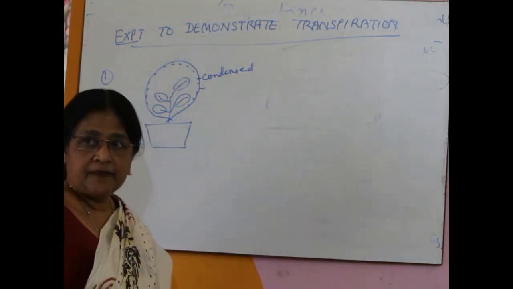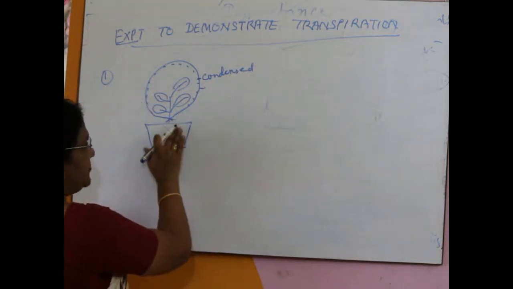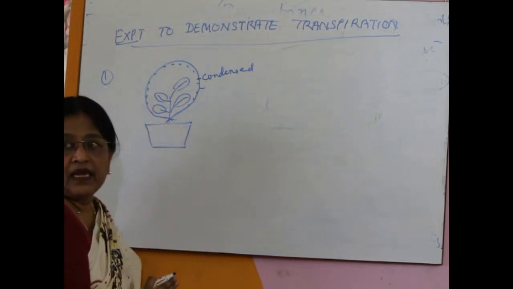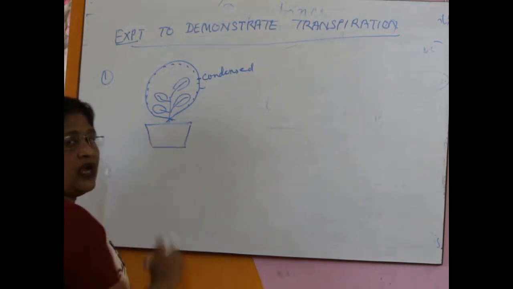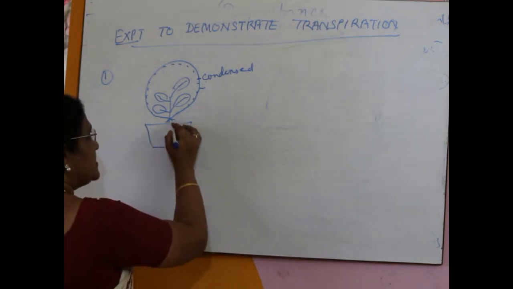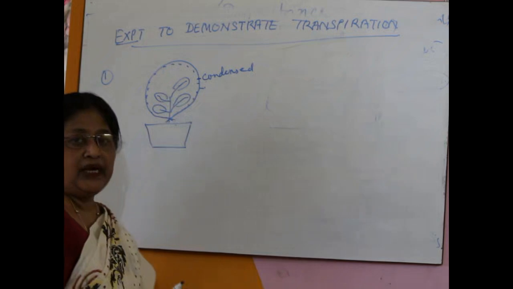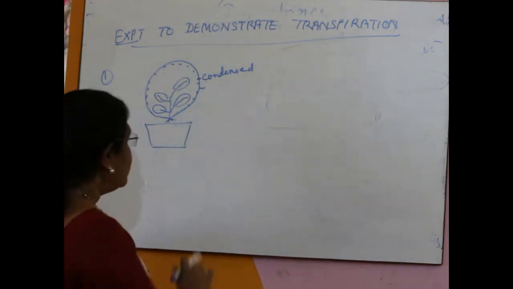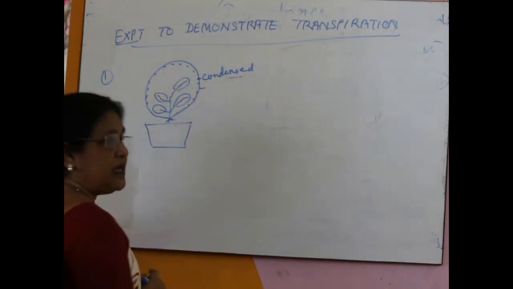Am I right? You can leave the soil surface uncovered. You can leave the soil surface uncovered because the water from this soil surface may enter into the polythene bag. Am I clear? That will bring a wrong result.